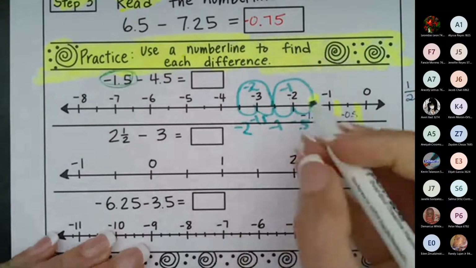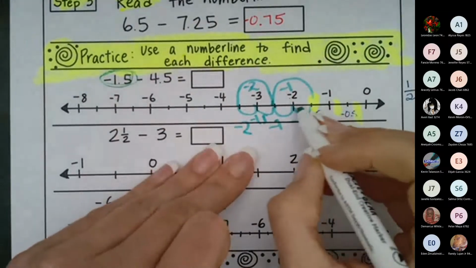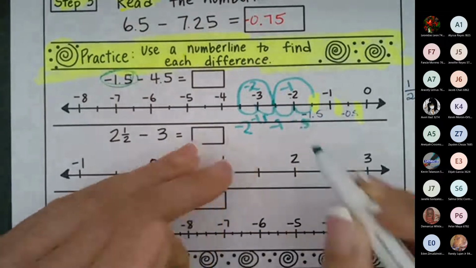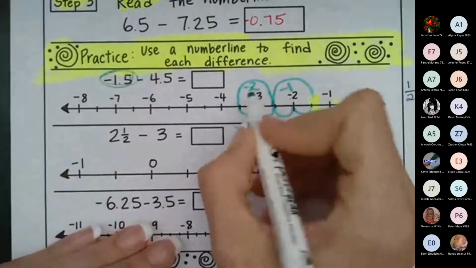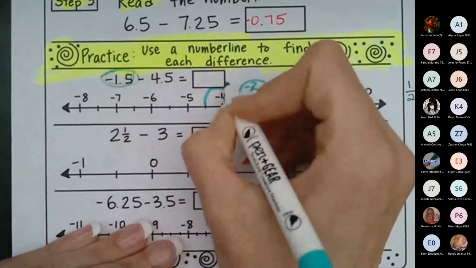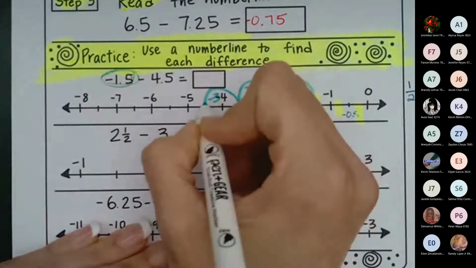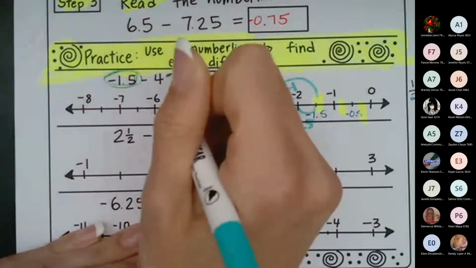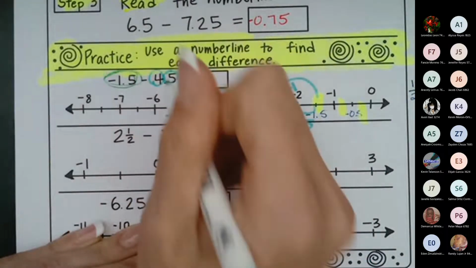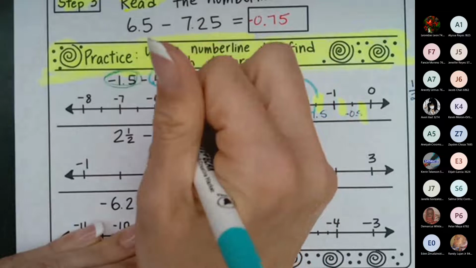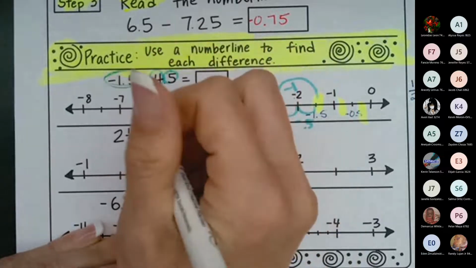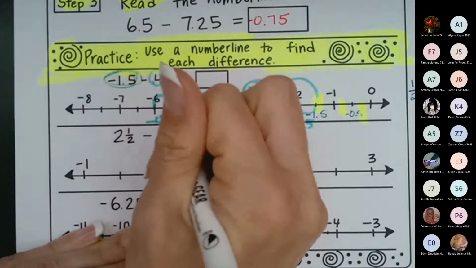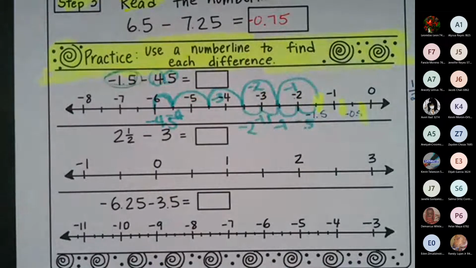Here would be -2. So these little lines here are worth 1/2, but I'm jumping over 2. Okay, so here I have -3. Here's -4. I'm not done yet because I need to go 4.5 for my distance. So I need to go over 1/2. So now I'm at -4.5 from my starting point.